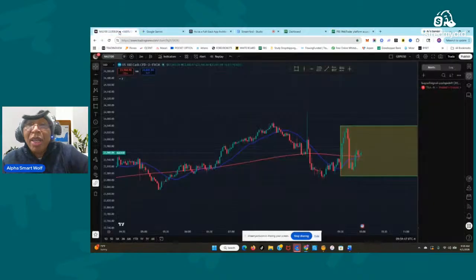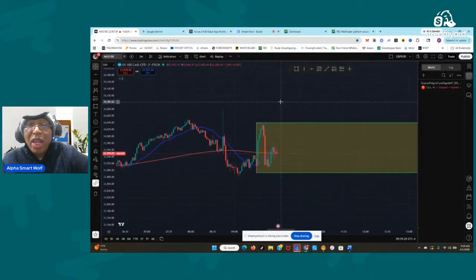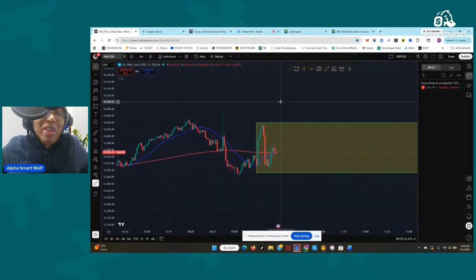While that is happening, we are also looking at our 15-minute range that we mapped out with this rectangle. We are waiting for a breakout and, of course, a retest. We do that between 9:30 and 11 o'clock. If it happens after 11, we're not going to take the trade. But if it happens before 11, we are going to take the trade, guys.